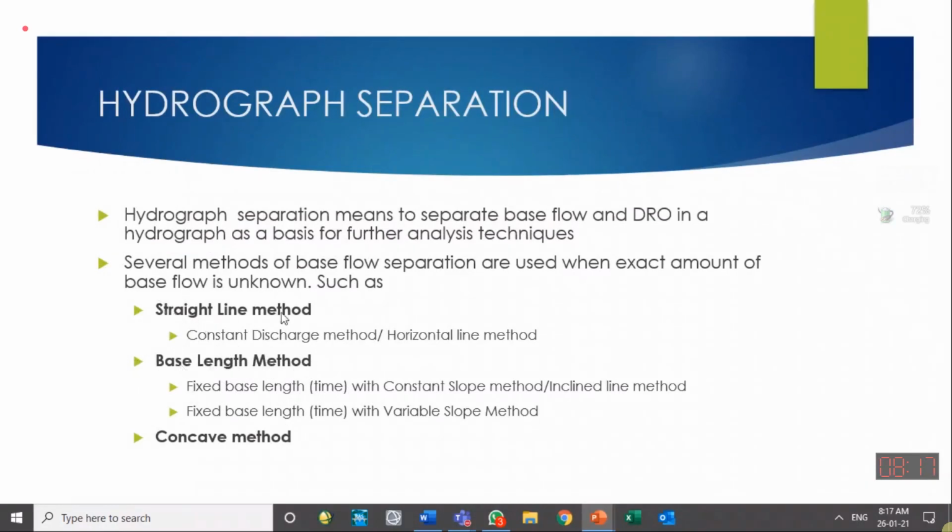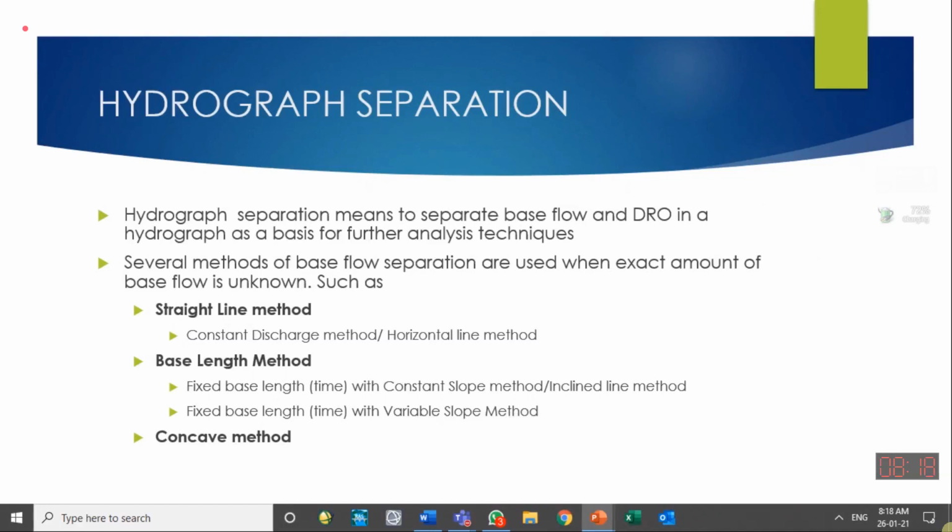In the straight line method, we assume that base flow has a certain value, usually from the start of the direct runoff, where from the shape of the hydrograph we select by our judgment from where the direct runoff has started. Usually if there is a receding curve and when it starts increasing, then we say that this lowest part is the base flow.